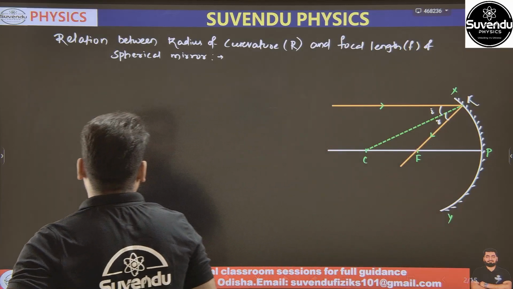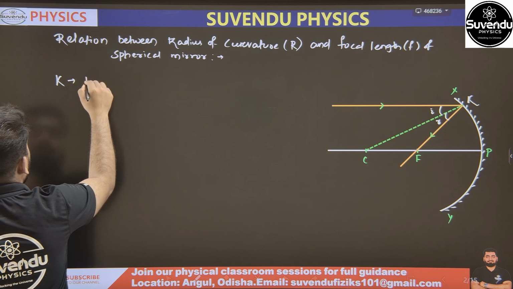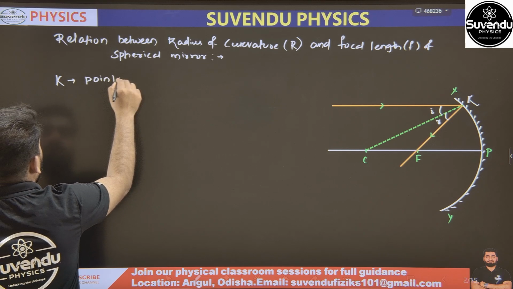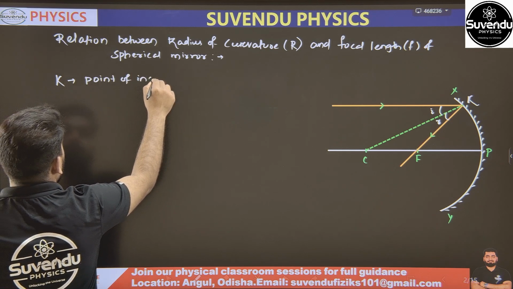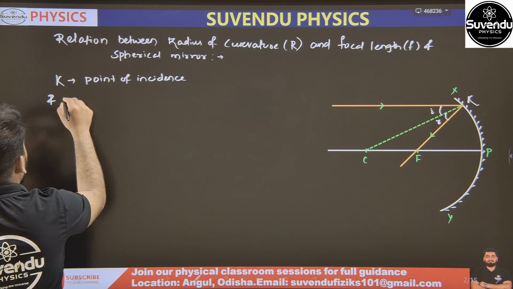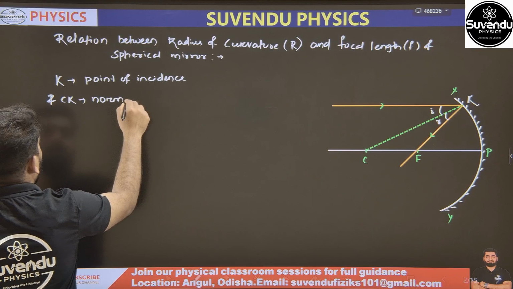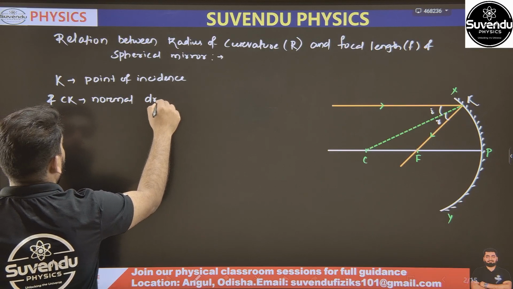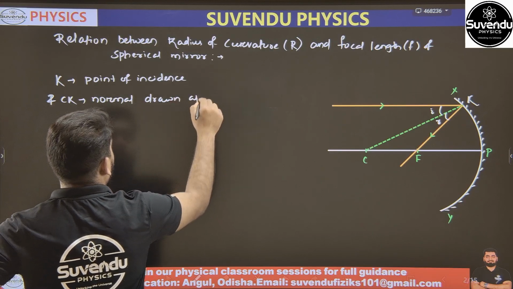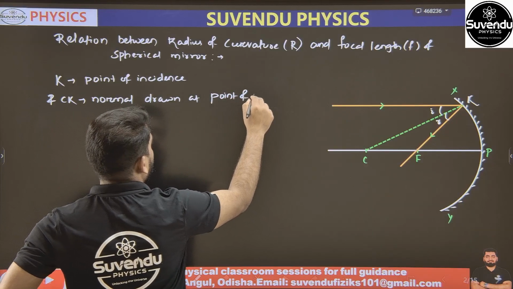So K is the point of incidence, and CK is our normal drawn at the point of incidence K.